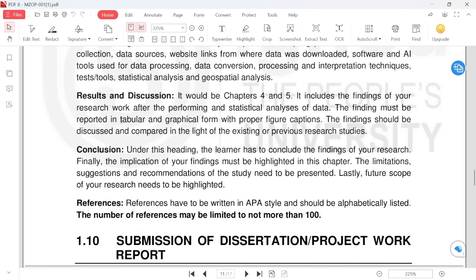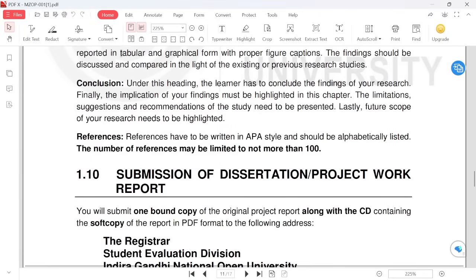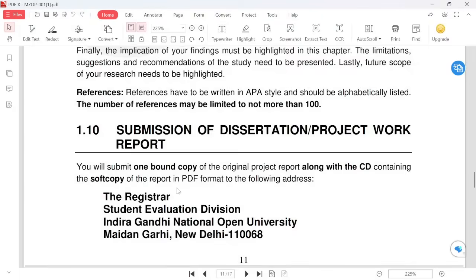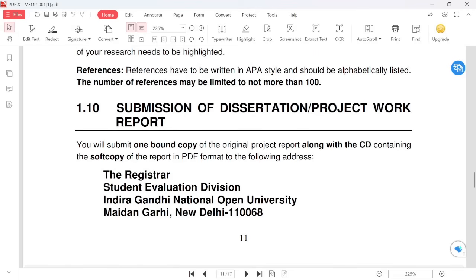After that you have to write the conclusion of your entire dissertation and project work. Lastly, you have to write references. References are those from where you have taken the information, and they have to be written in APA form. The number of references may be limited to not more than 100. So remember this.